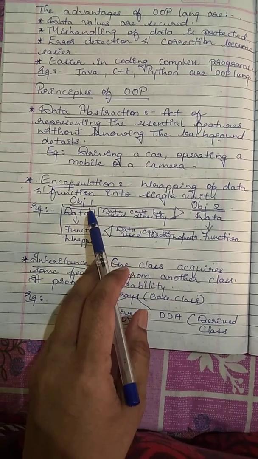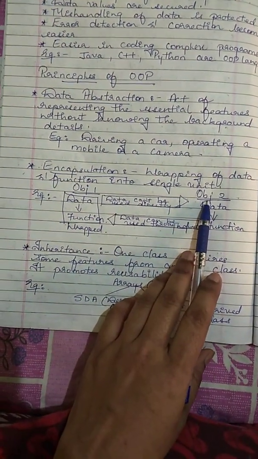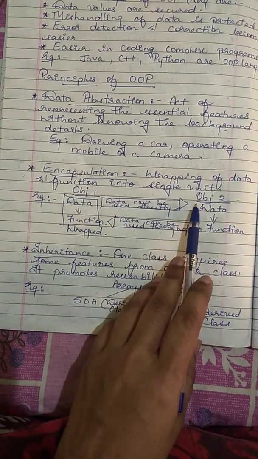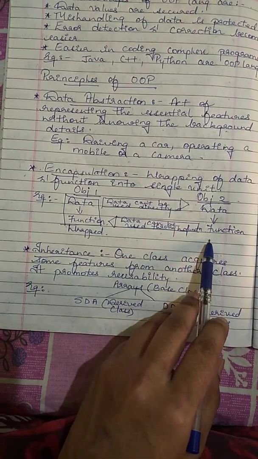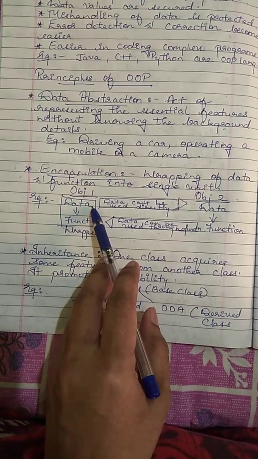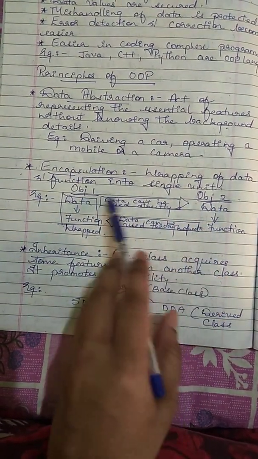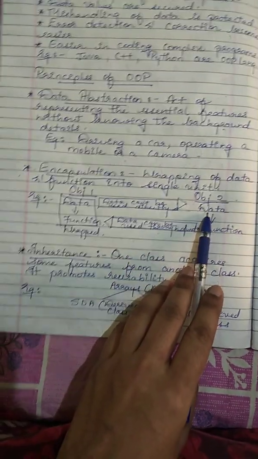You have object 1 as well as object 2. In object 1 you have data as well as function, and in object 2 also you have data as well as function. But what happens is that from object 1 to object 2 you cannot pass the data directly.